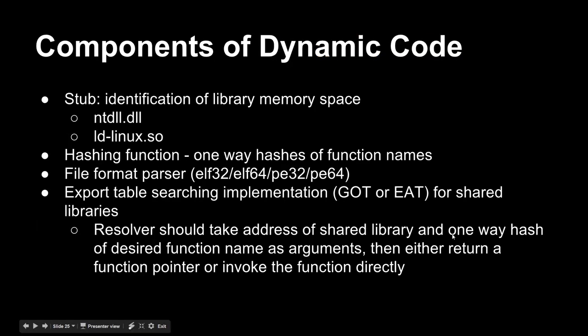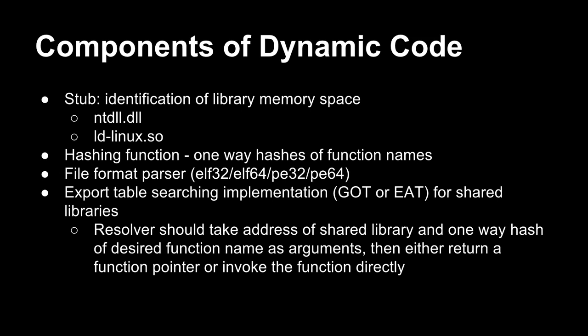And so moving forward, the main components of dynamic code include, but are not limited to, stubs for fingerprinting the platform, specifically in this case for identifying the library memory space, and that will differ in implementation and parsing for Windows-land libraries such as ntdll.dll and Unix-land ld-linux.so shared objects. Another important component is a hashing function, which is some form of one-way function that takes a string and computes a hash.